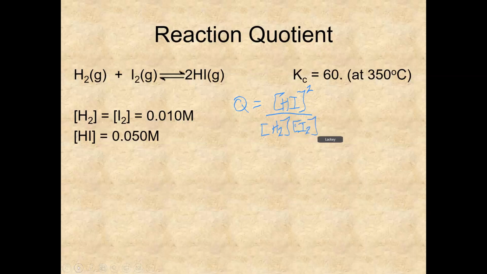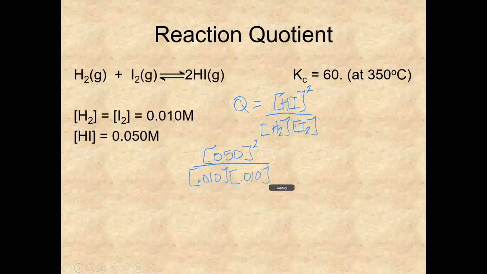So using that expression, we can plug in the values that we were given. So the hydrogen iodide is 0.050. Don't forget to bring down your exponent. The hydrogen and iodine are 0.010 and 0.010.